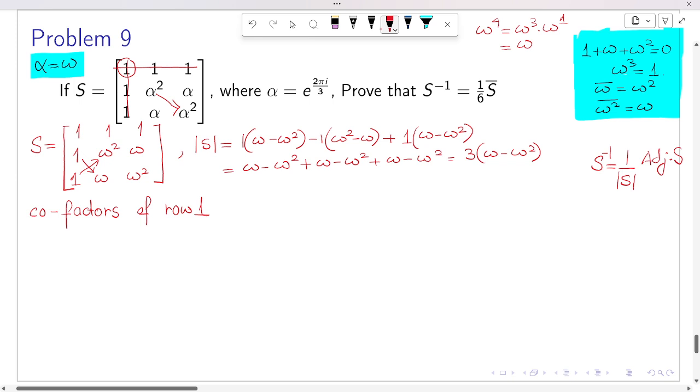This is omega power 4 minus omega square, and omega power 4 is again omega. So this is omega minus omega square. And the second one is with a negative sign. Cofactor of this entry: we hide this row and this column, and we calculate omega square minus omega. Next is the cofactor of this entry. We hide this row and this column, we get omega minus omega square.